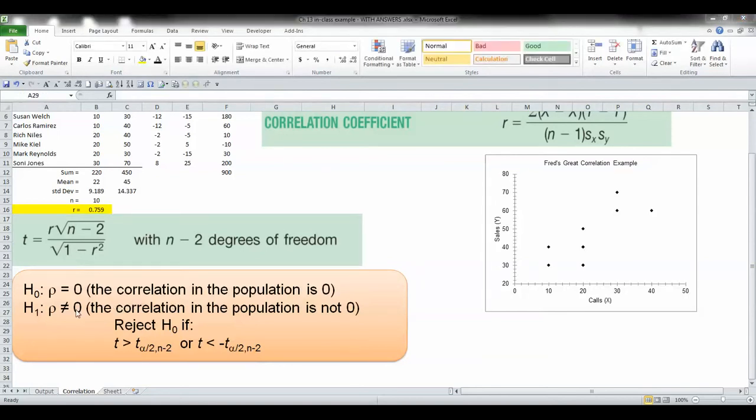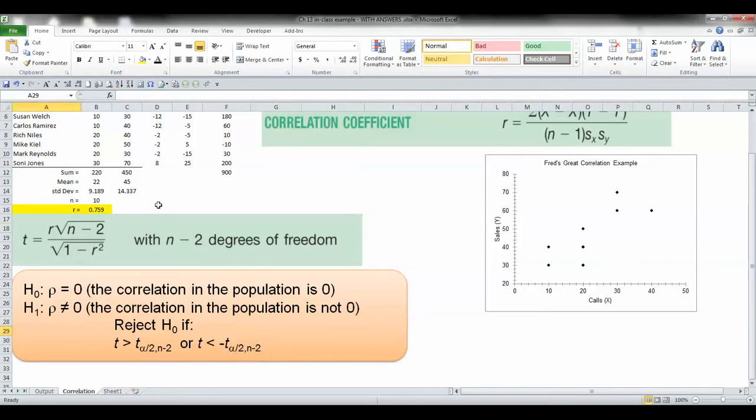Again, what we're testing is, did the sample data that we pulled to calculate our correlation coefficient come from a population that has 0 correlation between the number of sales calls made and the number of sales? So we're going to reject, again, if t is greater than the positive t critical value, or if the test statistic that we come up with is less than the negative t critical value.